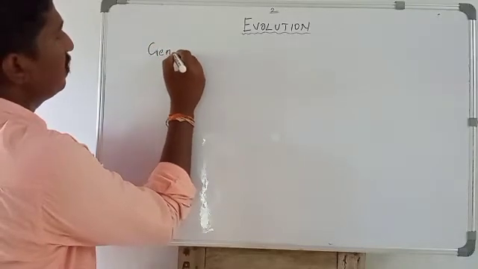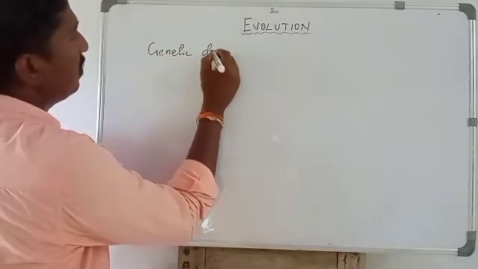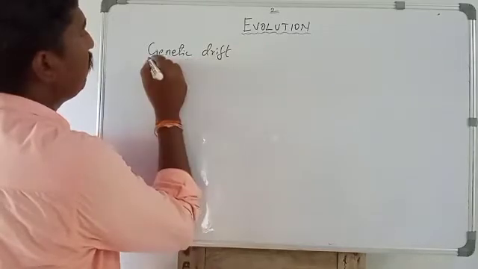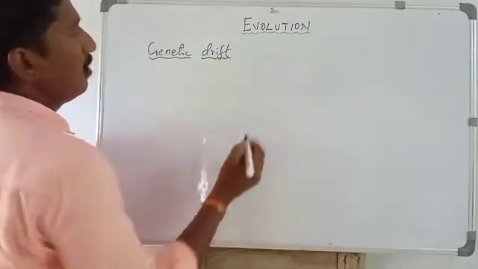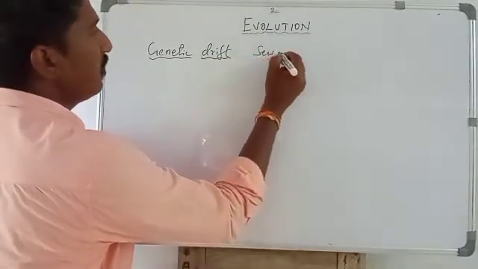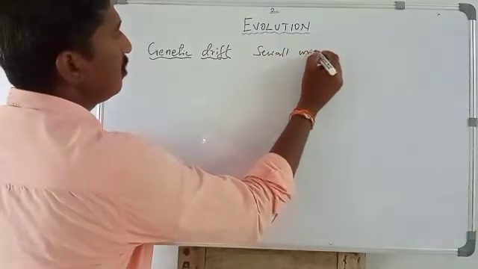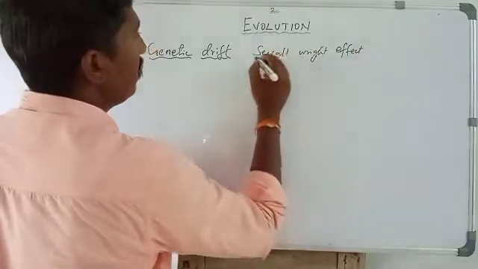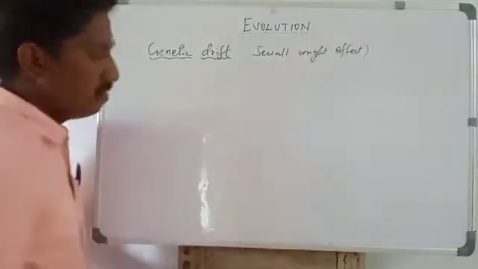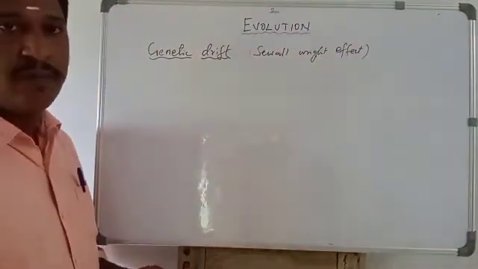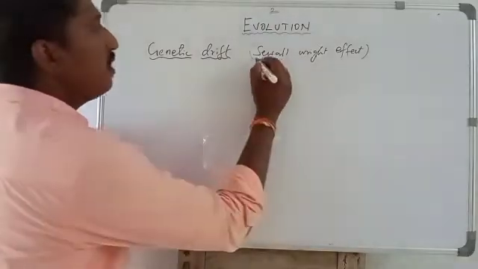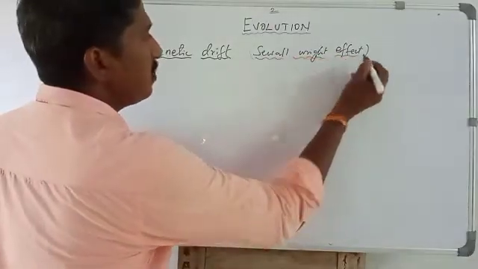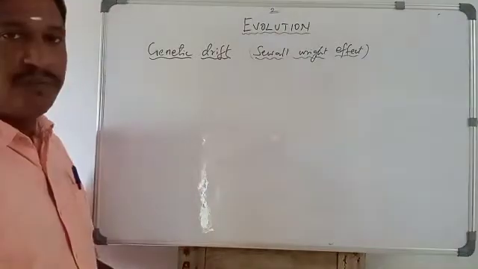Genetic drift was explained by Sewall Wright, so it is called the Sewall Wright effect.